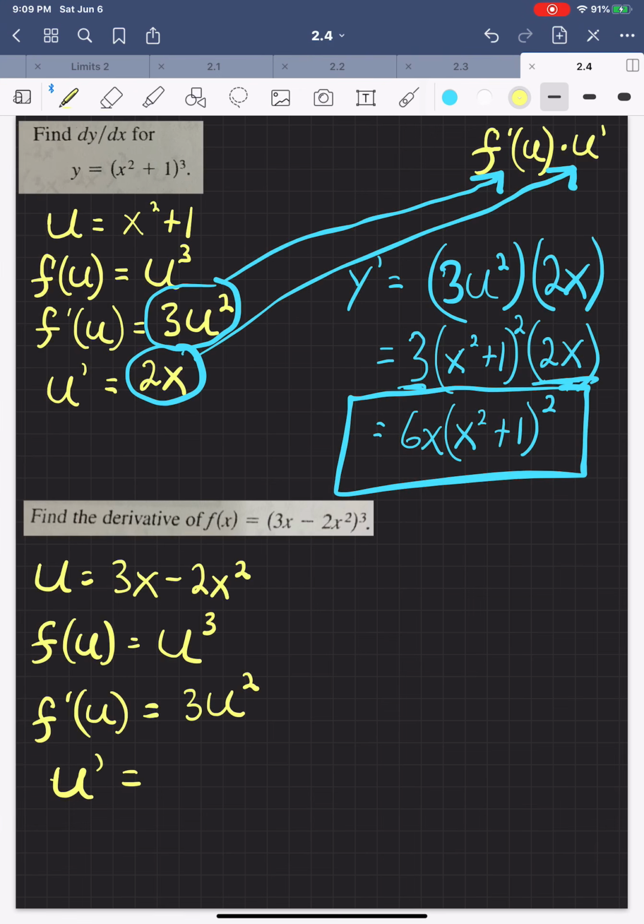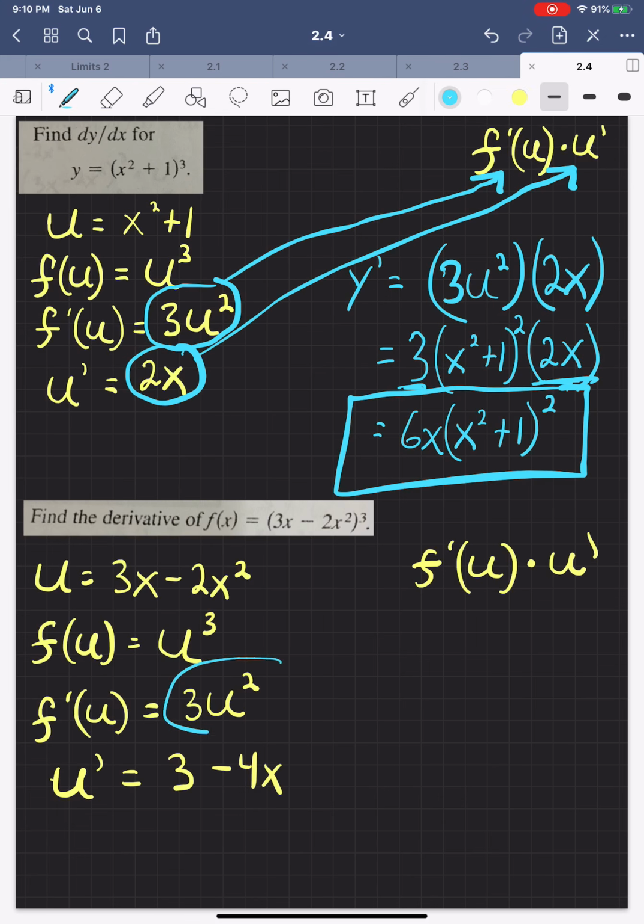And let's go ahead and do the derivative of u. Well, the derivative of 3x is 3. The derivative of negative 2x squared is negative 4x. All right. So f prime of u multiplied by u prime. Let's put everything in the right spot.